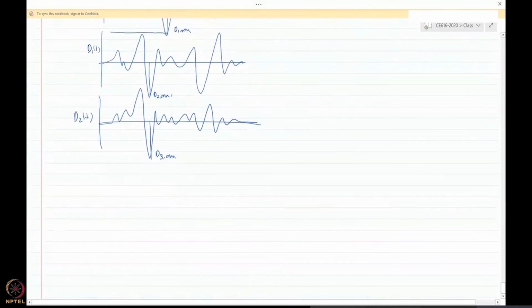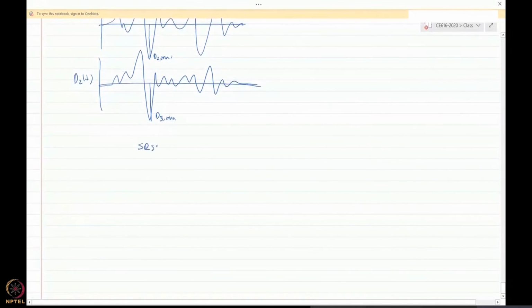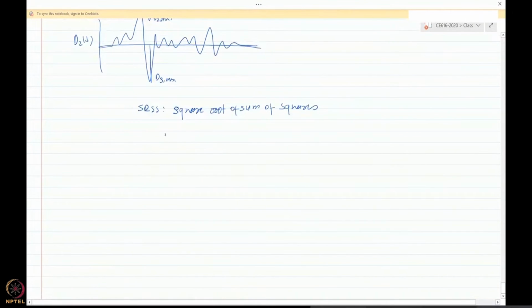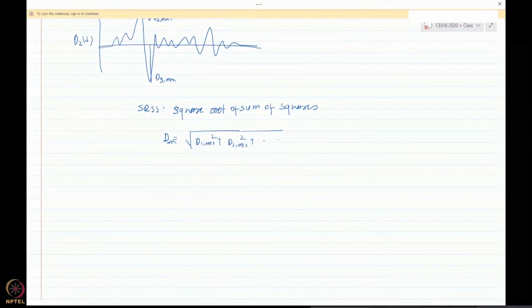The method that we would be utilizing is called the SRSS method, square root of sum of squares, which basically says that D max would be the square root of D1 max square plus D2 max square and so on. There are other types of combination as well, but we are not bothered about that.